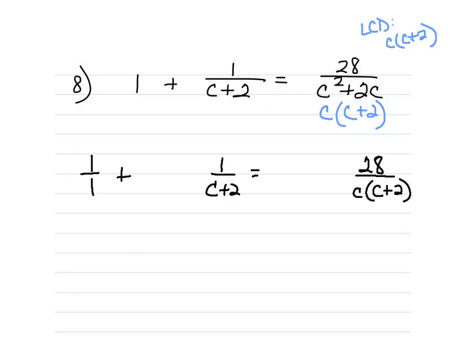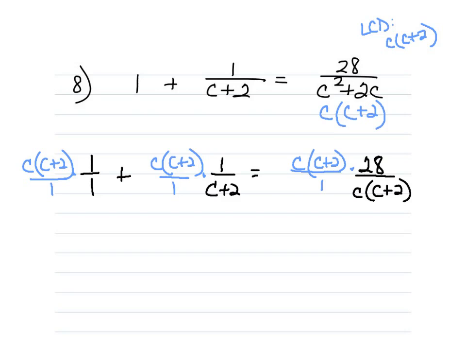Okay, so I'm going to multiply by c times c plus 2, c times c plus 2, and c times c plus 2. And again, this will eliminate all of my denominators so that I have an equation that I can solve easily.